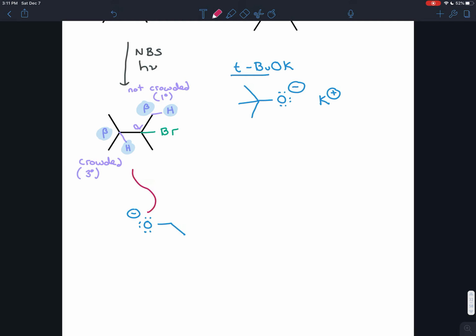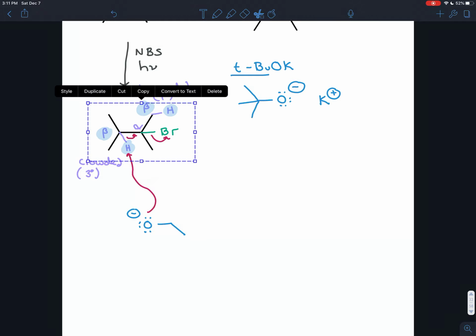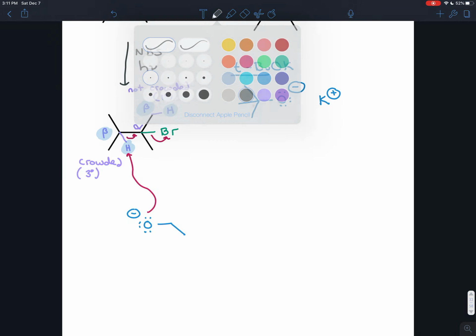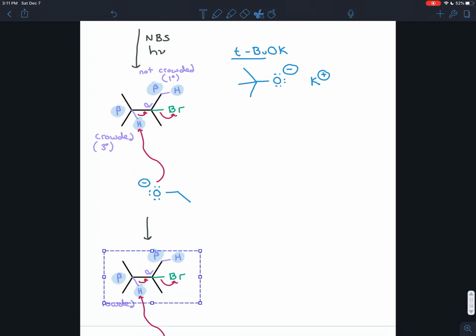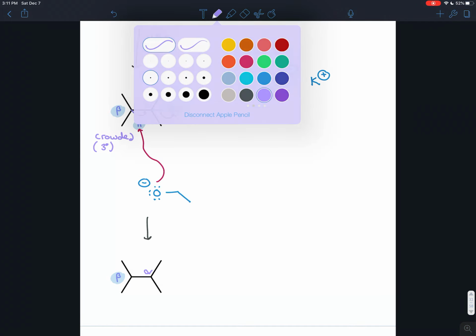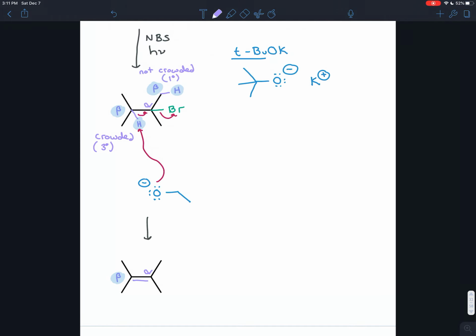It's able to wiggle its way through there, steal that hydrogen, the electrons go toward the leaving group and kick the leaving group off. And what you end up with in that case is a pi bond going between the alpha carbon and the beta carbon that the hydrogen was stolen from.